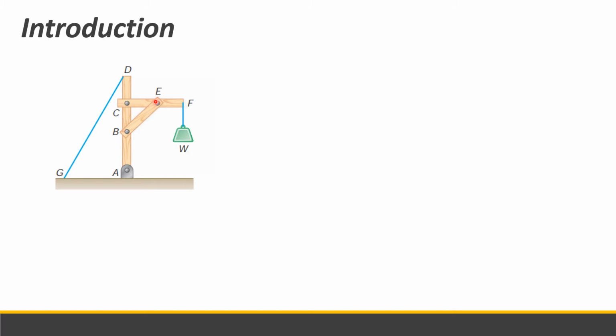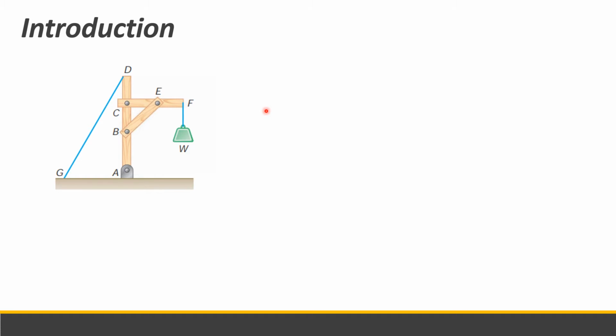These are pins that are frictionless, and also here. It is supported by a pin at A and a cable DG. So this is a pin, called the support. It holds the frame in its static state. This is a pin or a hinge, and cable DG. Ito yung cable.